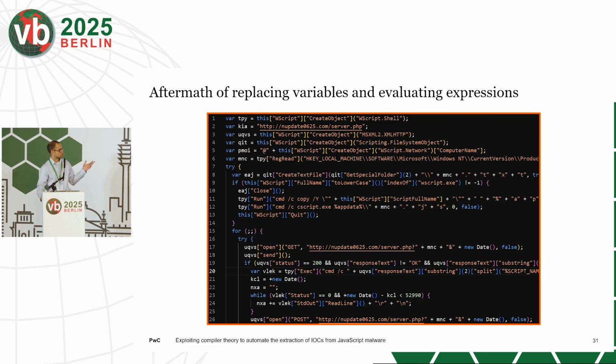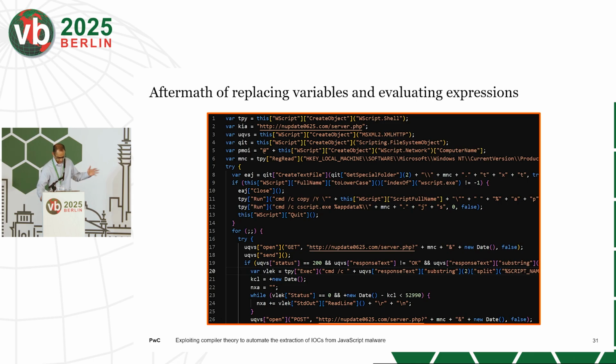Essentially, what this script does is it copies itself to the app data folder, it contacts its C2, and it sets up persistence using the registry so that it's run if the machine is rebooted. And then it just sits and waits in a loop for further data from its C2.